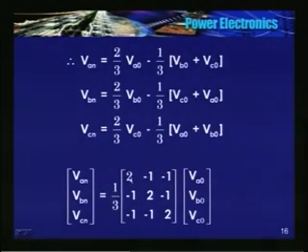See, all the diagonal elements are 2, okay, and the remaining elements are minus 1, multiplied by 1/3. So I can determine VAN, VBN, VCN by knowing VAO, VBO and VCO. VAO, VBO, VCO are known if the conducting states of the switches are known.